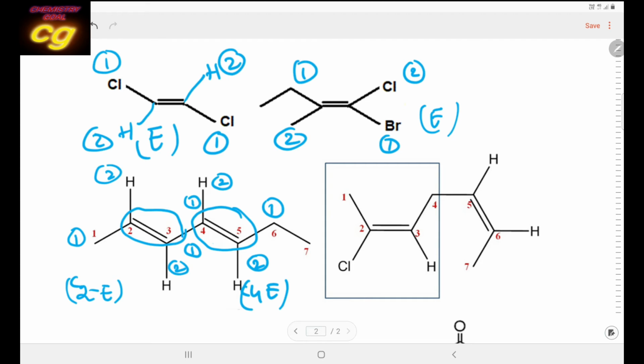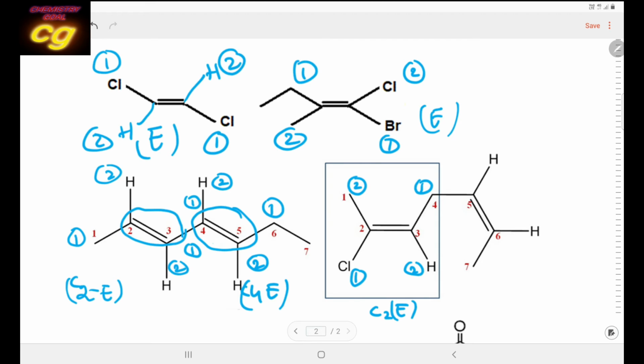In this case also same, 1 2 3 4 5 6 here. Here this is your carbon attached to chlorine, so this is your 1, this is your 2, and here this is 1, this is 2. So around the C2 position, carbon number C2 is 2 2 1 1 opposite, so this is E. C2 position also E arrangement.